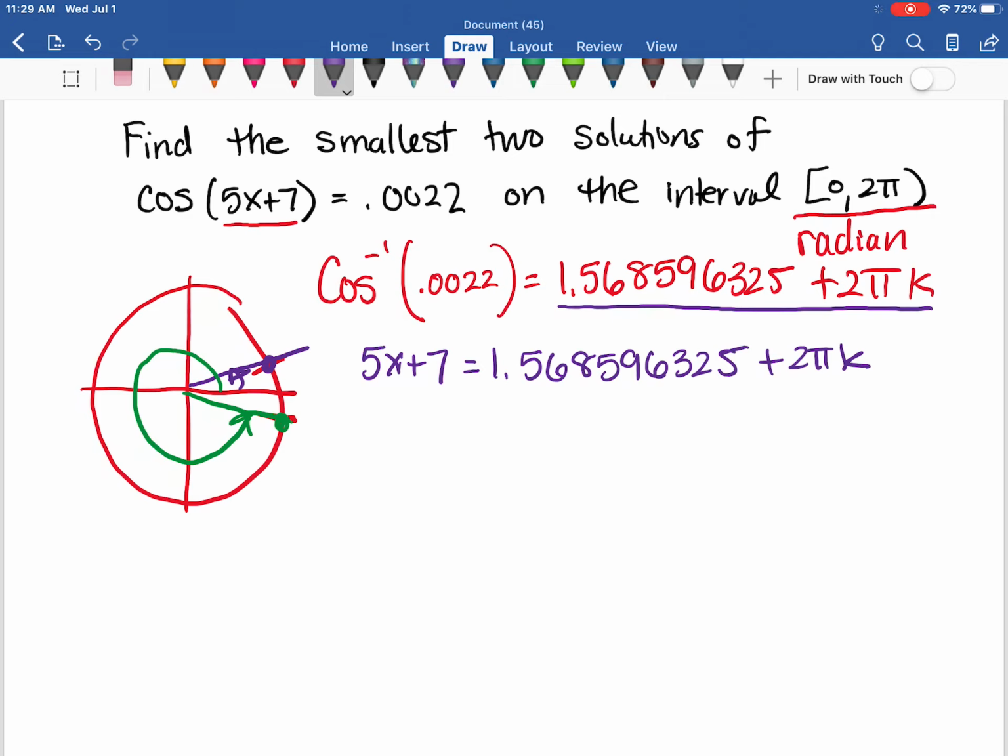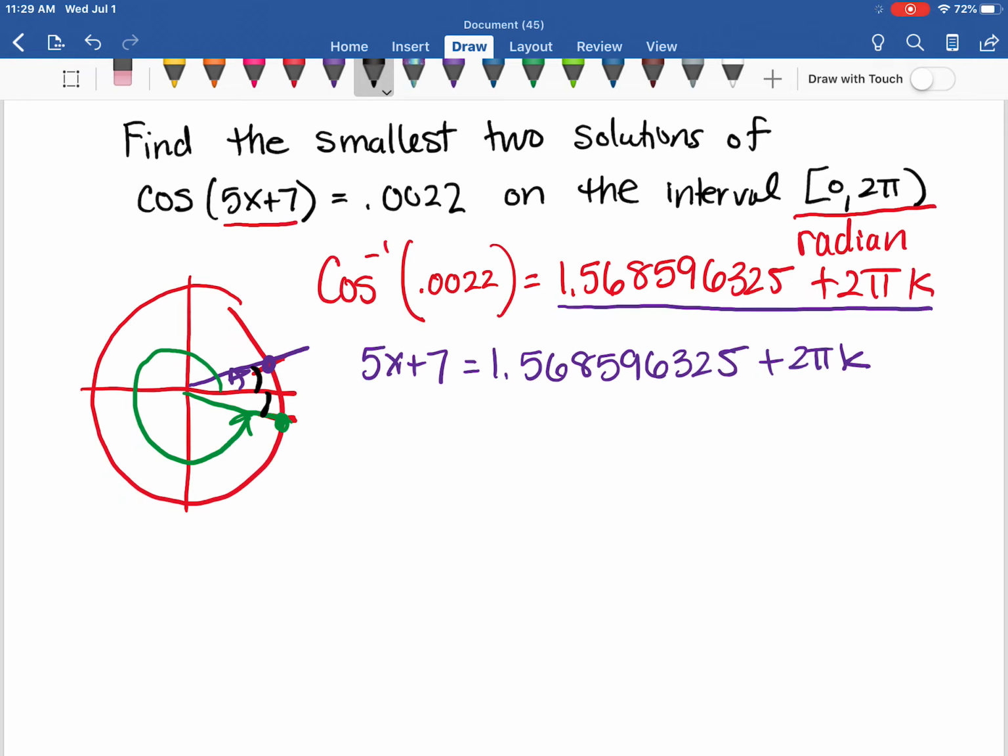Now to find the green angle, since this is symmetric from here to here, I'm going to take 2 pi and subtract that purple angle, 1.568596325.